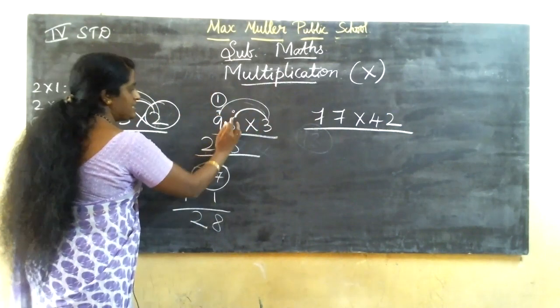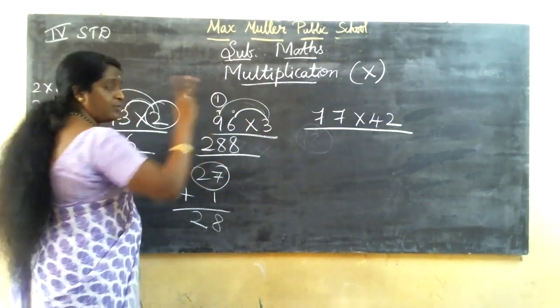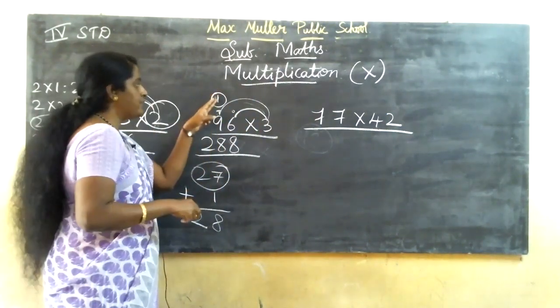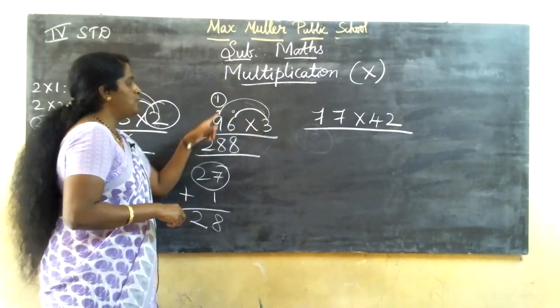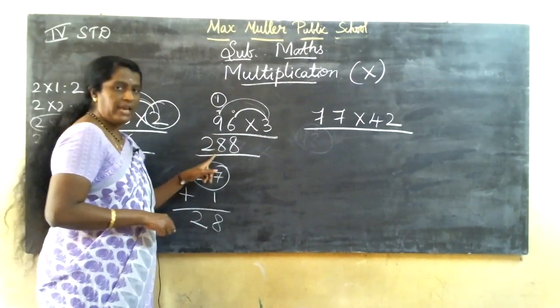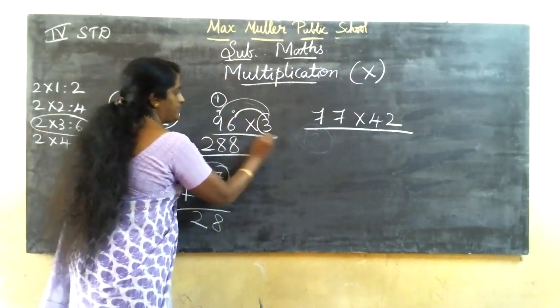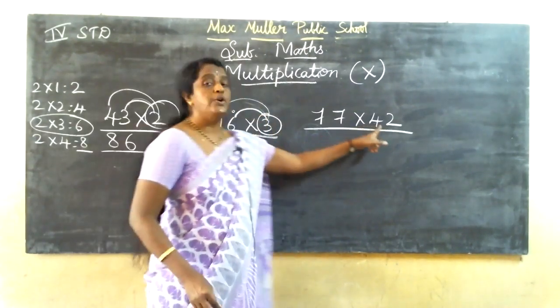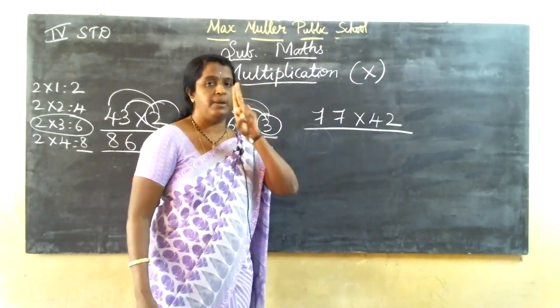Here 3 6s are 18, 1 carry, 2 digits came. So 1 carry here. 3 nines are 27 plus 1, 28. Here it is a 2 digit number.